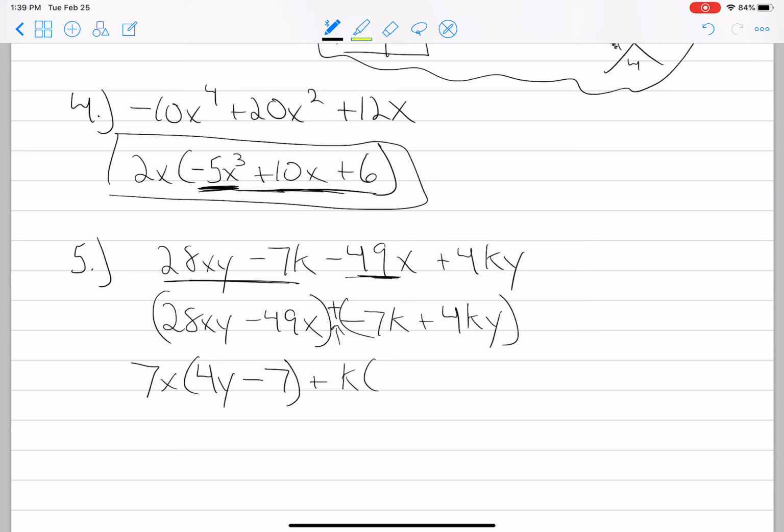And I'm left with negative 7 plus 4y. Notice, negative 7, 4y. There's negative 7, there's 4y. Those are the same. So I could turn this now into 7x plus k times 4y minus 7.